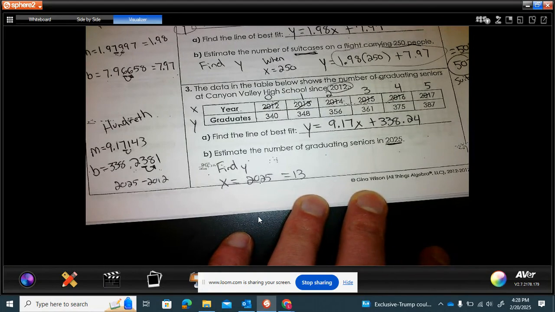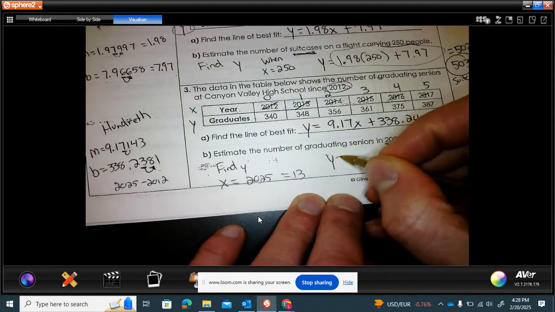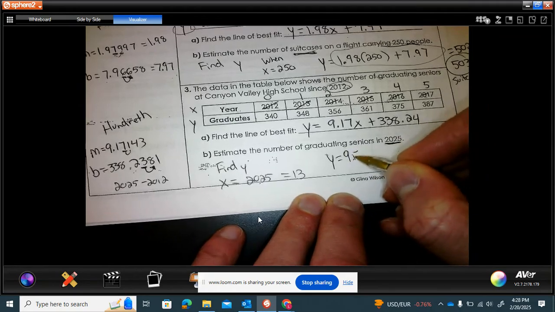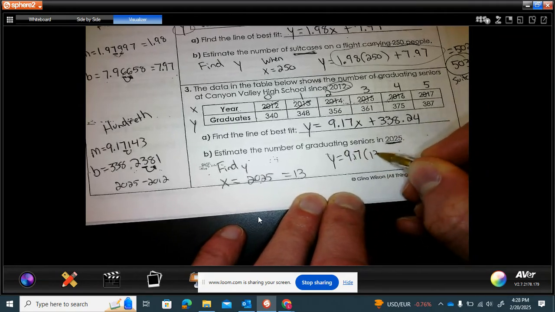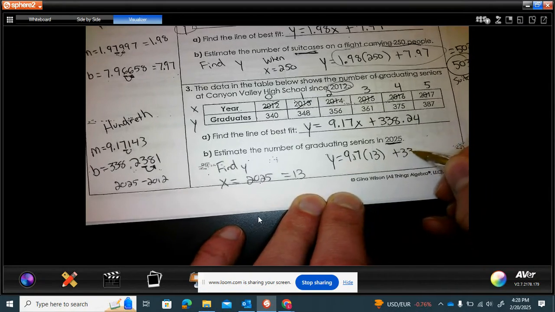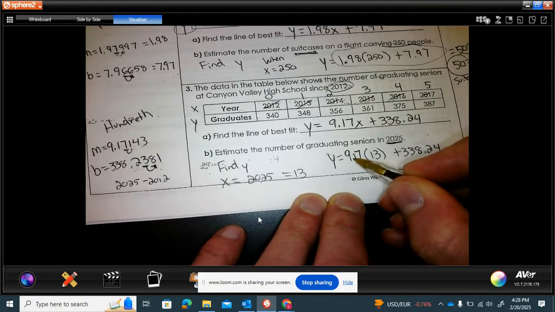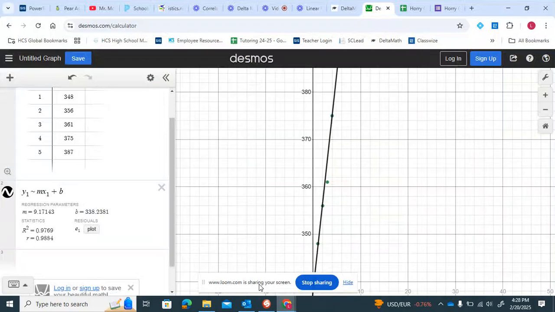Well, because it's a positive correlation, that would mean this. I use the slope, so it's 9.17, but instead of X, I plug in 13 plus 338.24. And I plug that into Desmos, and it should tell me an estimate for the number of graduating seniors in 2025.